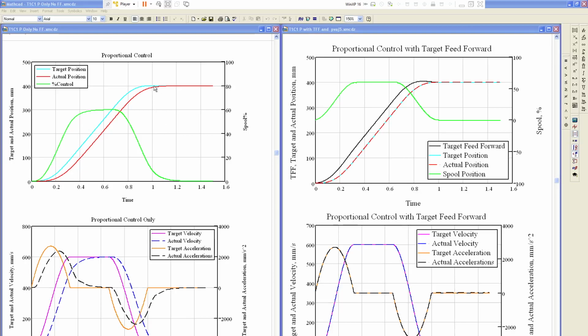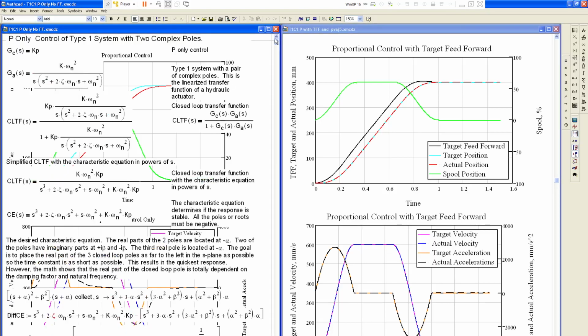And you can see that because of the phase lag, it takes a little bit longer than 1 second to get into position. Whereas here, it happens in exactly 1 second. So using this target feed forward speeds up your process, and I'll show you a place where it really speeds up the process. But first, let's go take a look at how this is achieved.